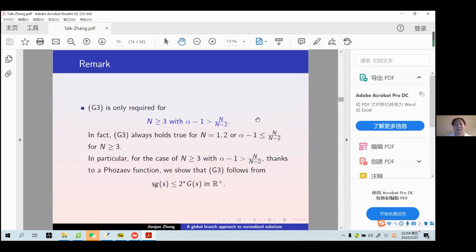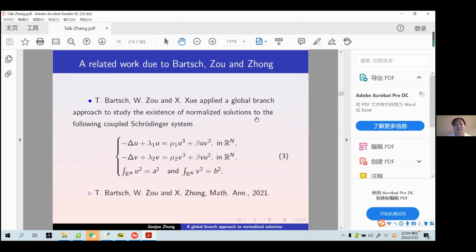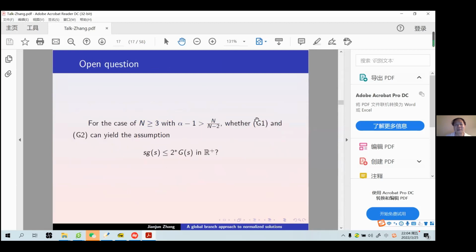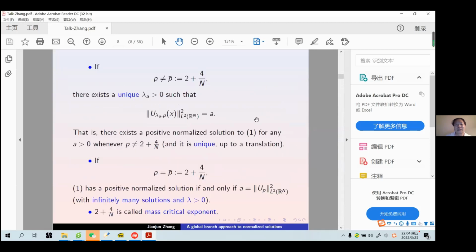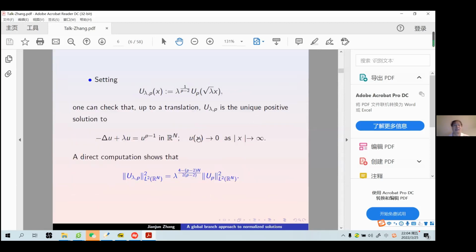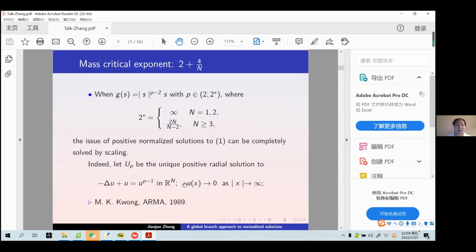Yeah, this one. So actually, we should know this limit problem has a unique and non-degenerate positive radial solution.